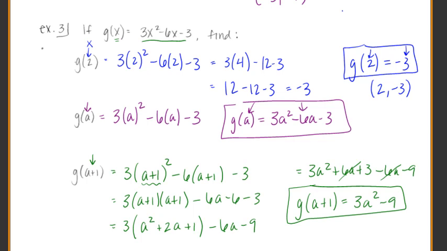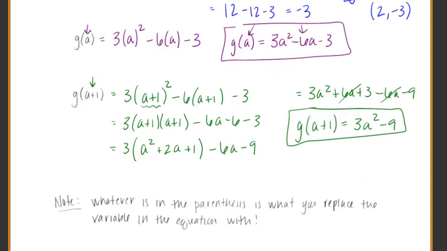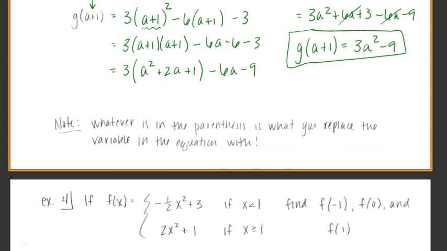If you're plugging in something with a variable, expect something with a variable to be your answer. And again, a little note: whatever's in the parentheses is what you replace the variable in the equation with. So if I replace the x on the right with 2, then I replaced it with a, then I replaced it with a plus 1. All right, so let's go on to example 4.